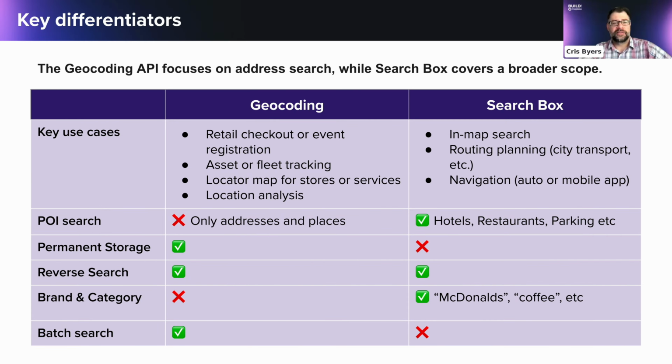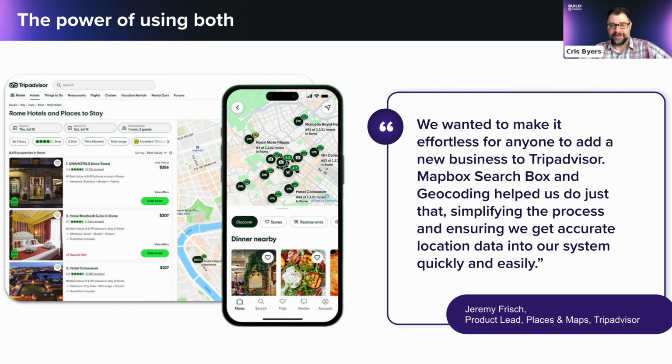Now, there are folks who use both geocoding and Search Box. A recent addition to our customer base, TripAdvisor, uses geocoding to save batch, permanent geocodes of their venues' locations into the database and improve those addresses and locations associated with those businesses.